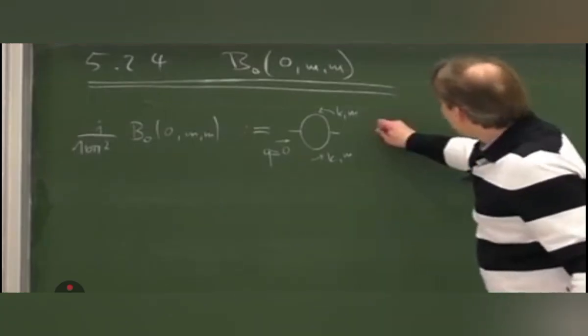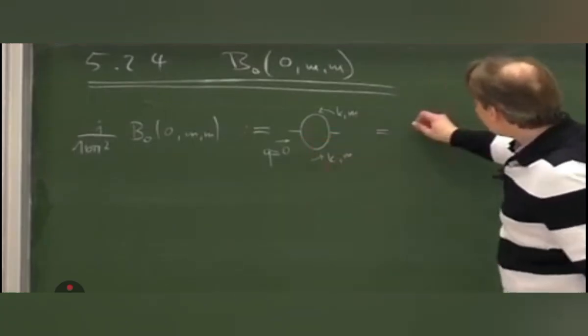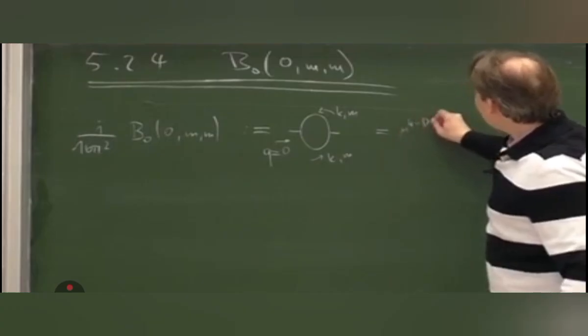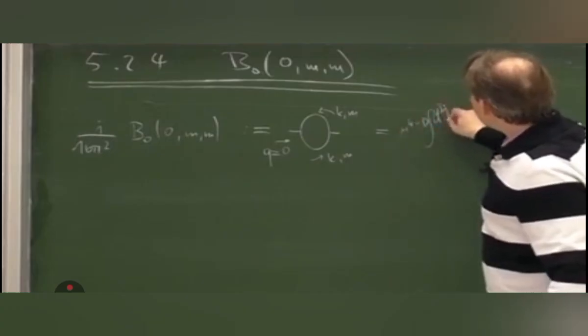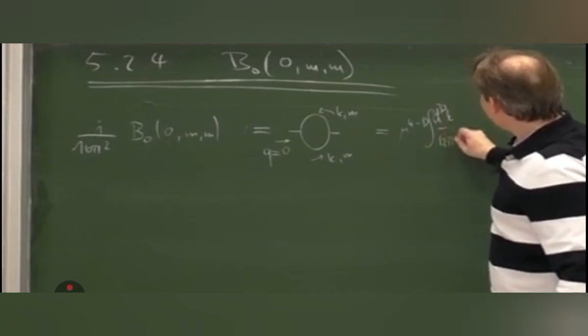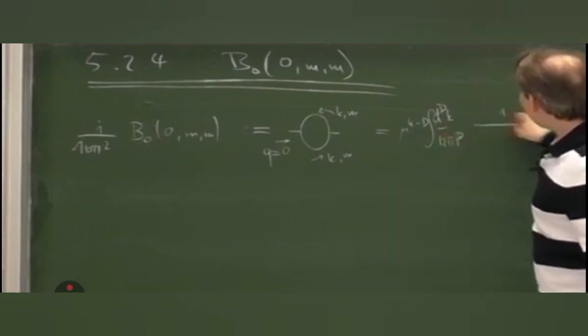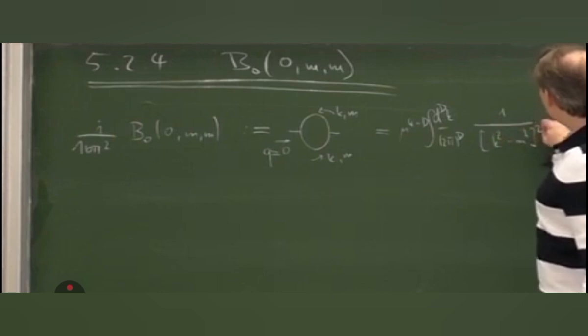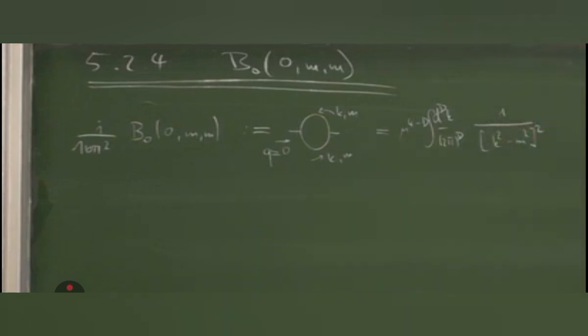But you can understand that there would be a more general definition. And so this particular case has then the following integral, namely mu to the 4 minus d times this d-dimensional k integral times 1 divided by k square minus m square to the power 2. So both propagators have the same mass m and the same momentum k, and therefore that is our integral.